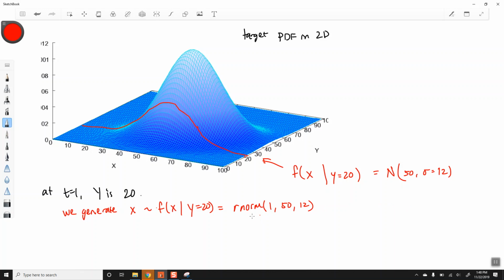Maybe if we do this, we get x equal to 65 or something like that. So that's one possible value, and this is going to be our value of x at the next iteration.